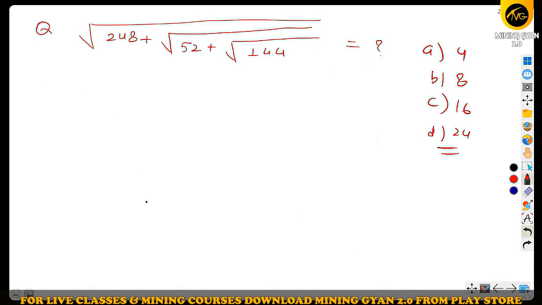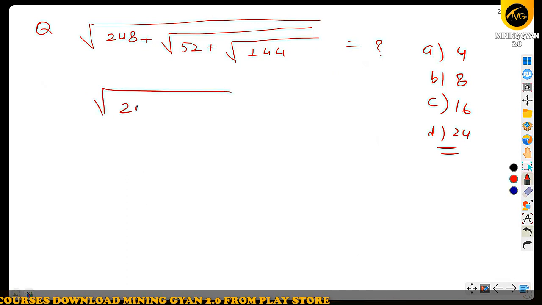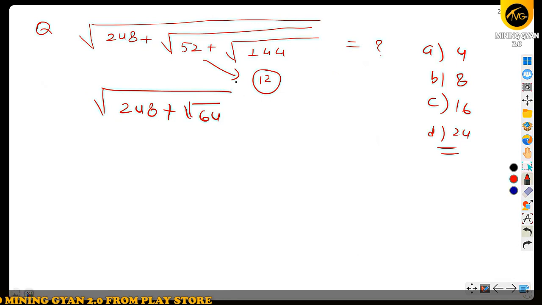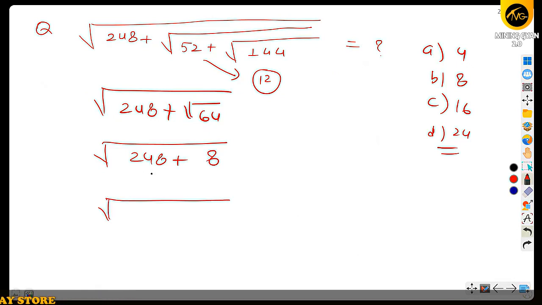Sorry, 144 is the square of 12. 12 squared is equal to 144. So 12 plus 52 is equal to 64. So 248 plus root over 64, that means 8. Now 248 plus 8 is equal to 256.